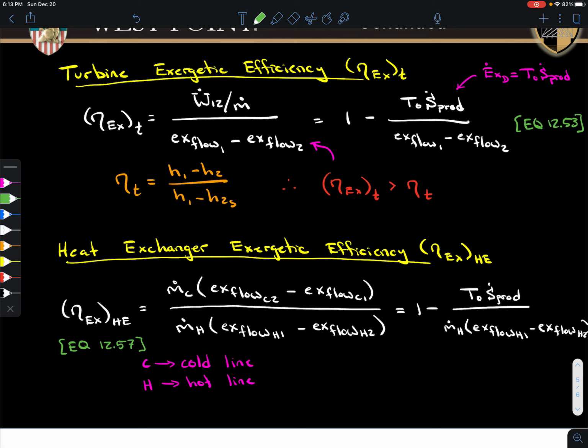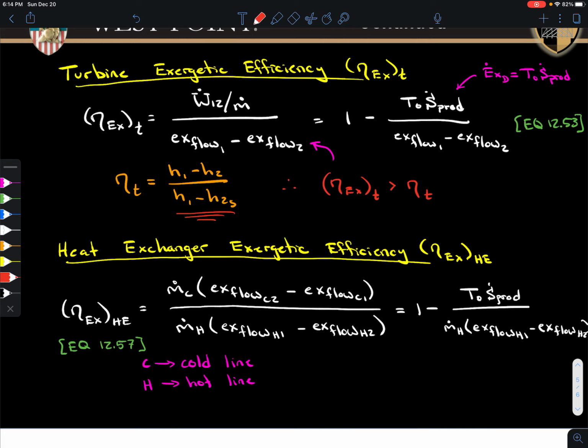But please have that intuition as to, right, your exergetic efficiency is similar to your typical thermodynamic efficiency, except you're now dealing with, for instance, like with the turbine, what is the available work, what is the available amount of energy for doing useful work, as opposed to what you saw in MC311, which was just the total amount of energy, or idealized total amount of energy, which in this case of the turbine was described as H1, or enthalpy at state 1, minus the isentropic enthalpy at state 2, entering and exiting a turbine.